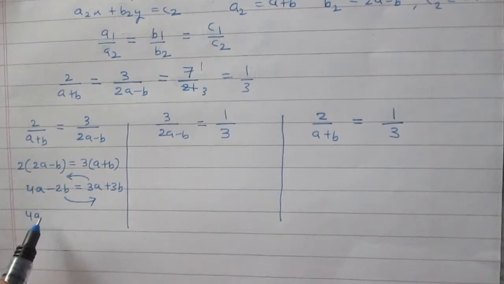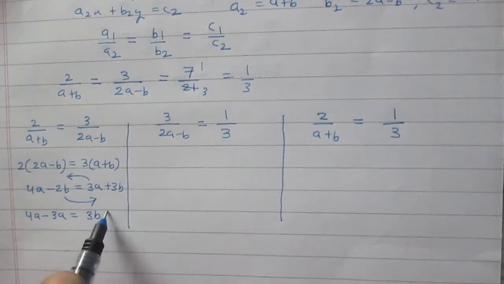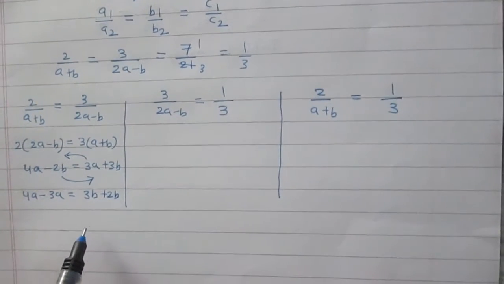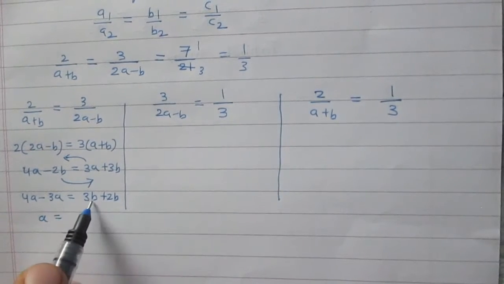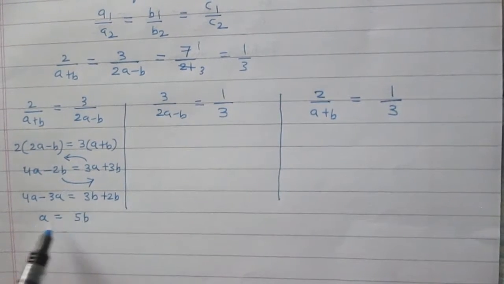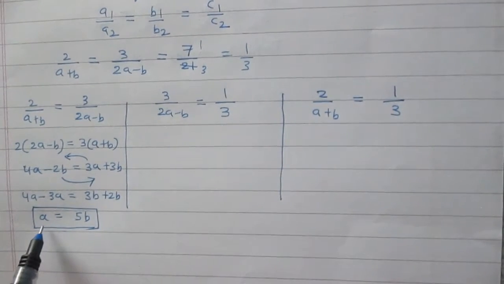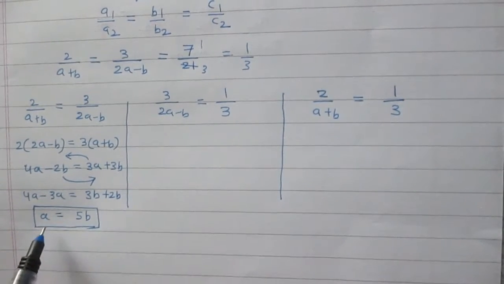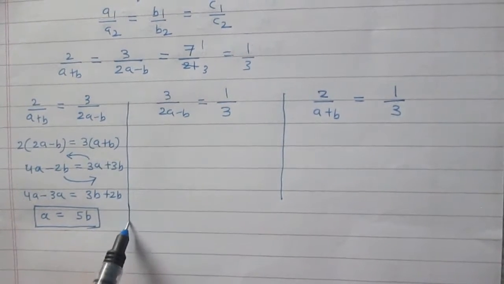So we will get 4a minus 3a is equal to 3b plus 2b. 4a minus 3a is a and 3b plus 2b is 5b. So according to the first situation, we will get a is equal to 5b, 5 times of b.